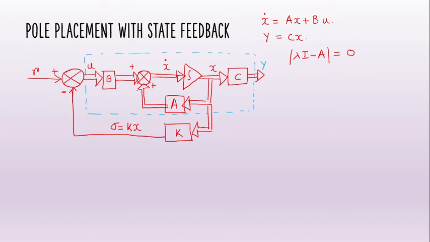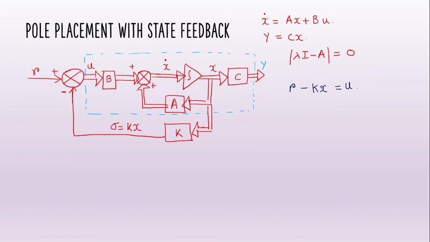So now what changes come in the equation? The equation becomes R minus Kx equal to u. So u is becoming R minus Kx.